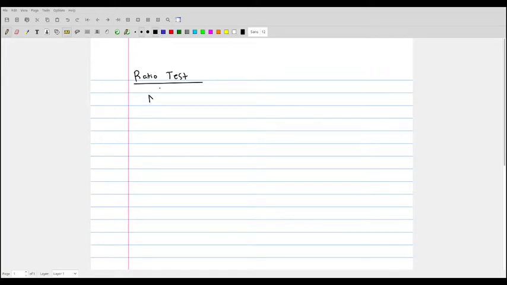So recall that a geometric series takes the following form.